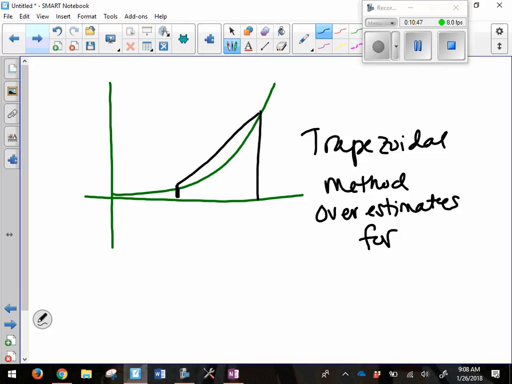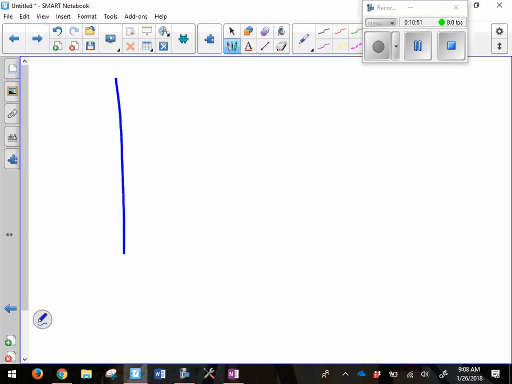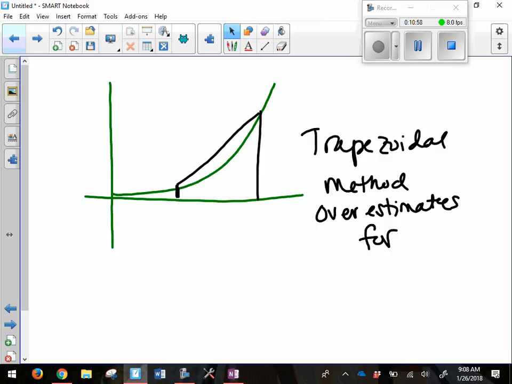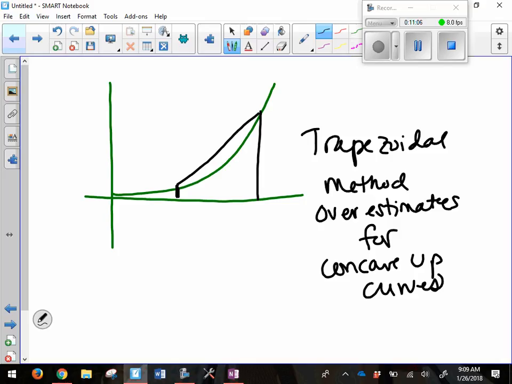But this curve is positive too. It's what? Yes. Okay. And what's the calculus way of saying concave up?